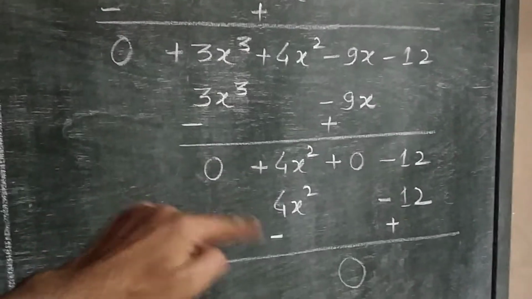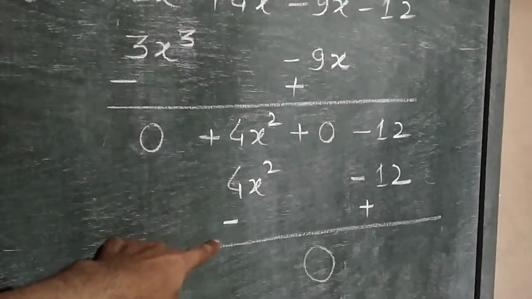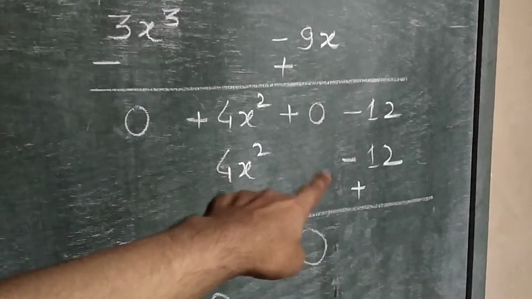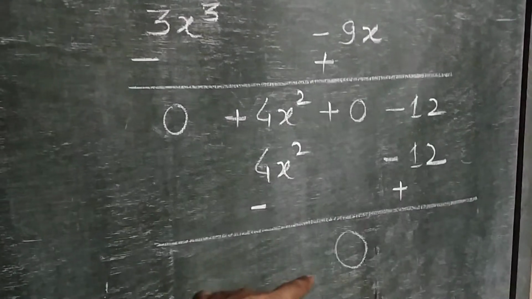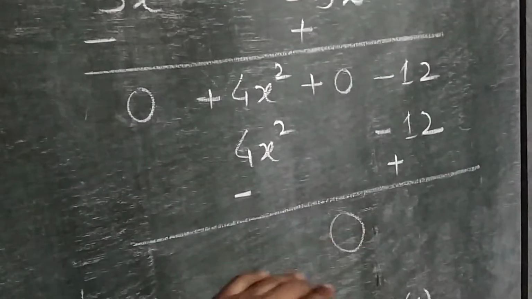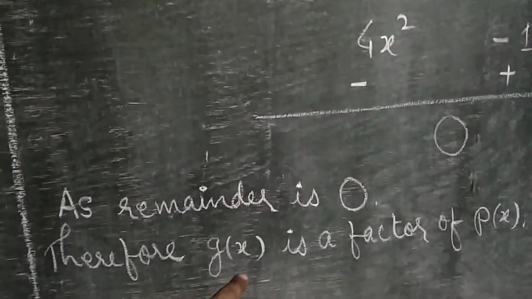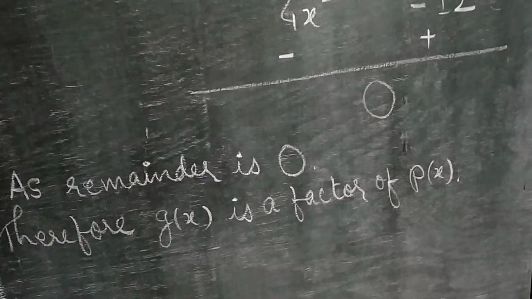On subtracting, the sign will change. So the positive sign will become minus, and the minus sign will become plus. On subtracting, we will get 0. Okay, so 0 is the remainder. As the remainder is 0, therefore g of x is a factor of p of x.